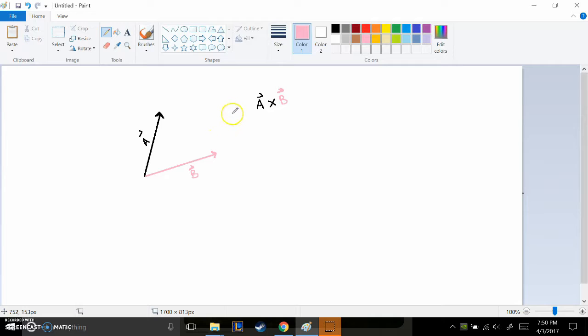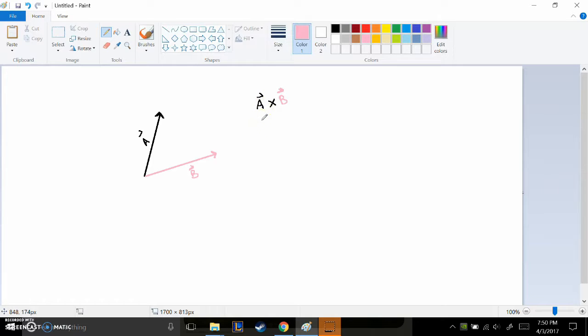So what does it actually mean? It means compare these two and see how dissimilar they are.